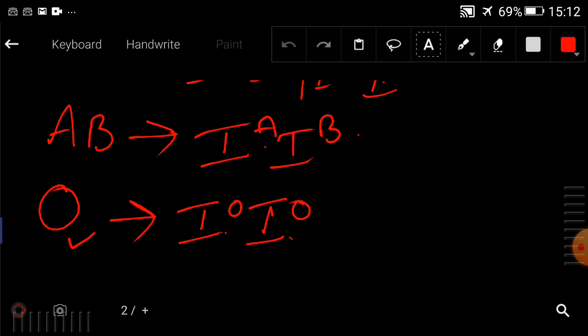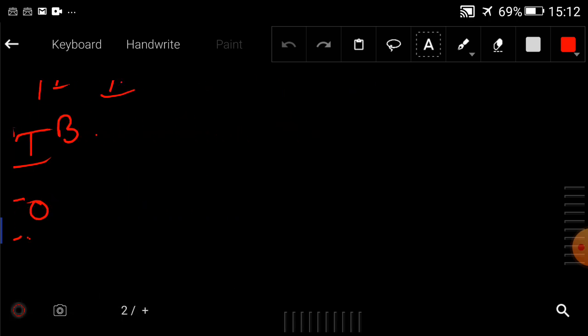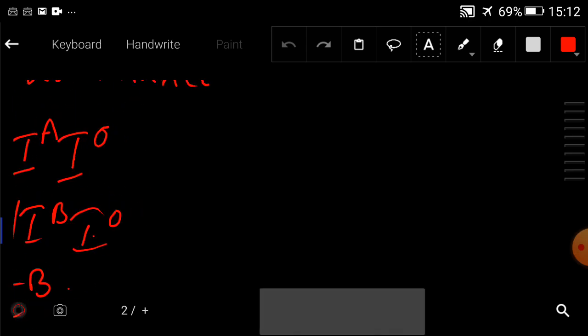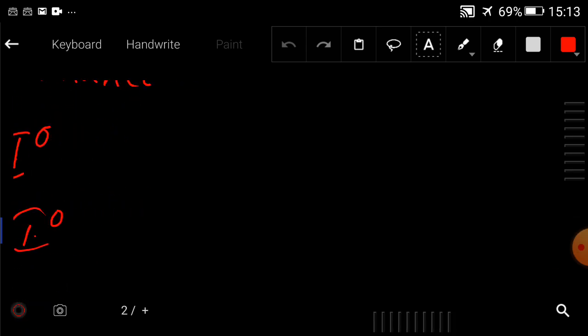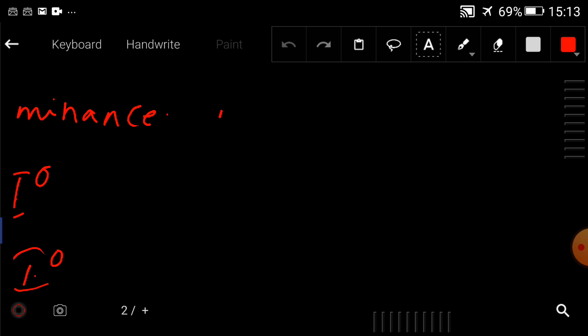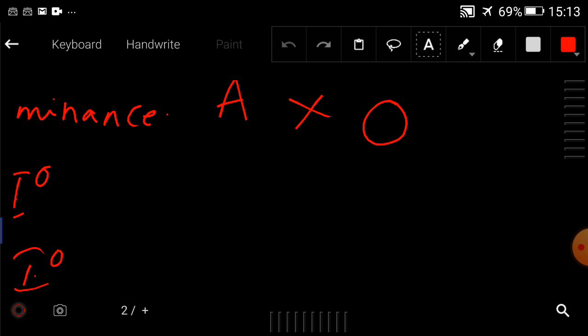Okay. Now, suppose there is a question. A man with blood group A marries a woman with blood group O. Then they expressed O blood group in the F1 generation.